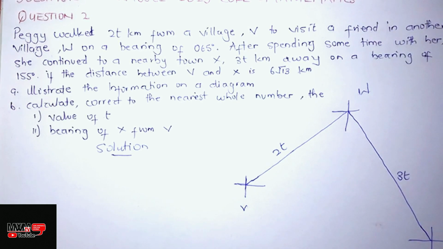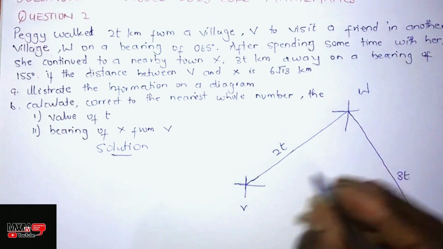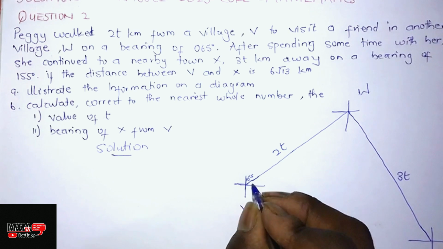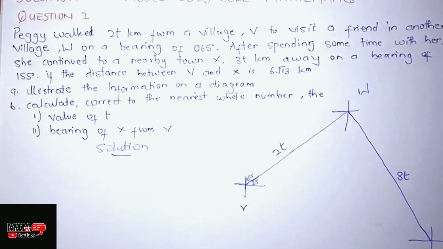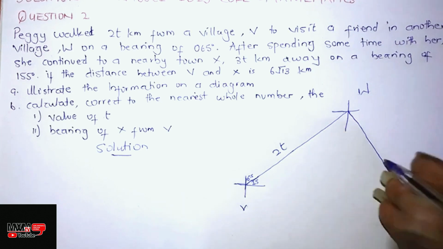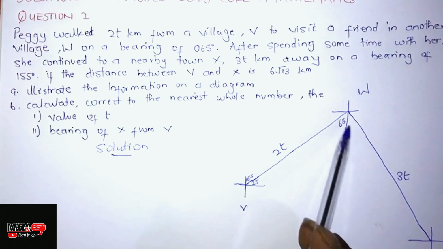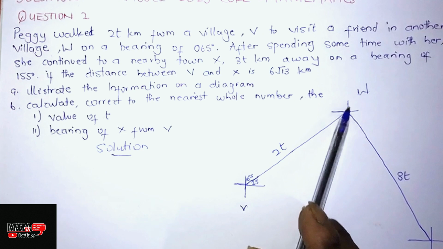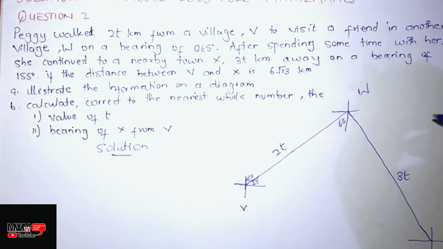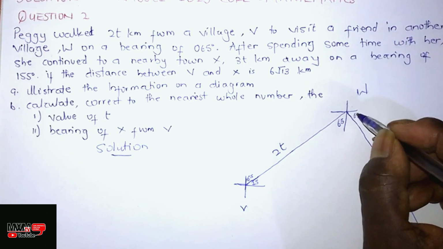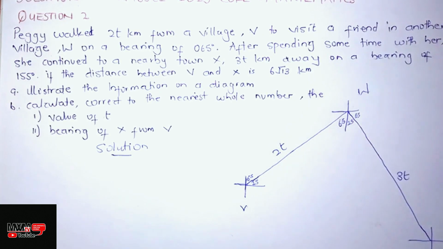Now let's do some deduction. From V to W was 65, so 65 here, and we know everything is supposed to be 90, so 25 is going to be left here. Now, if we apply alternating angles, if I have 65 here, the angle inside here will also be 65. And from the North Pole to the X line is 155. So for the 155, if this side is 90, it means I'm going to have 65 here and 25 here, making that side also 90 degrees.